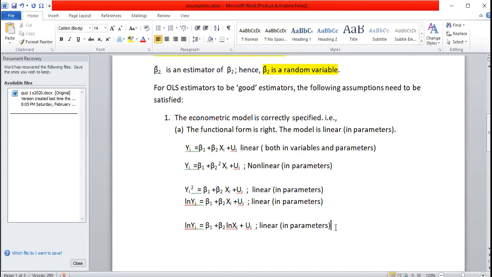Now, before moving on, how do you explain beta 2 here in this model? The slope of the model. Can anybody interpret beta 2?